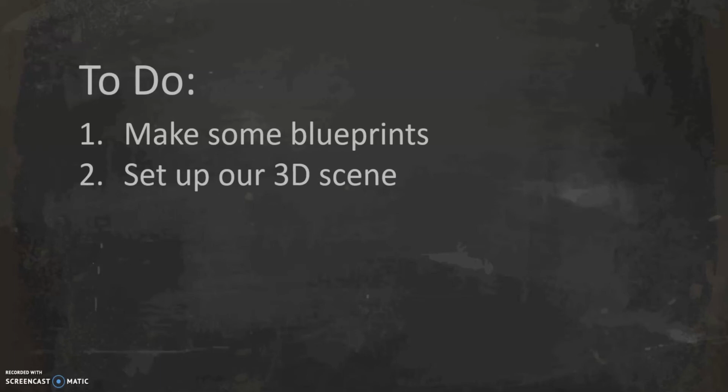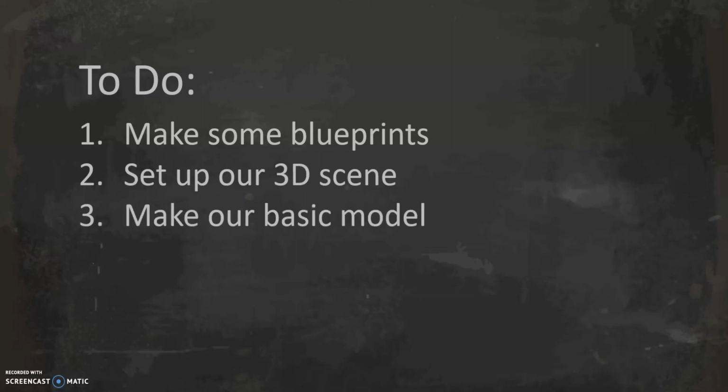Once we've got those blueprints sorted out, we need to set up our 3D scenes. We need to think about the scale, and about our way of getting our blueprints into our 3D scenes so that we can model them. Then we can start making our basic model, inserting some shapes and things.